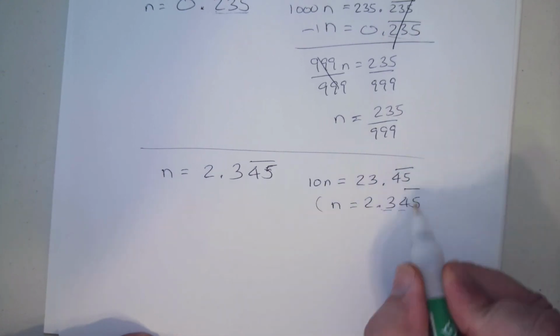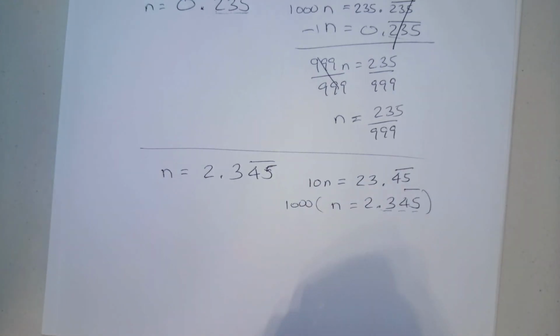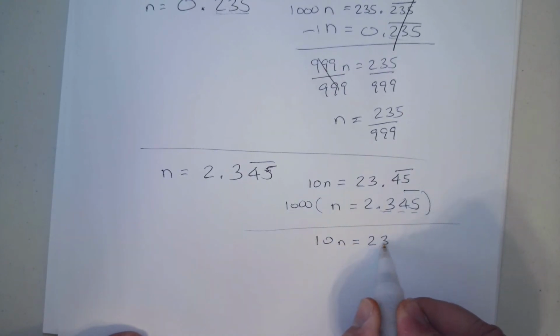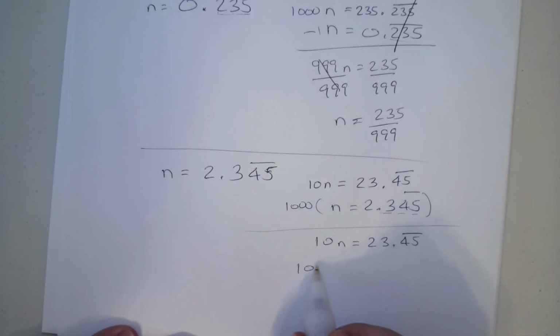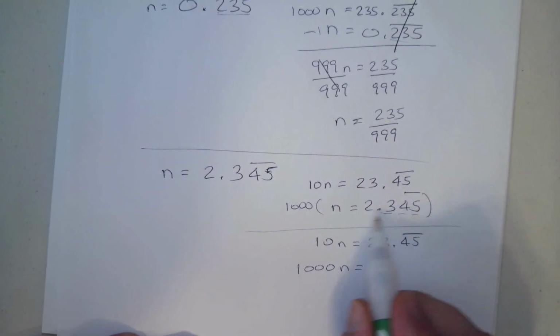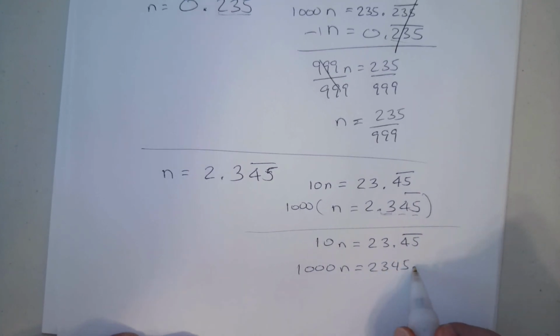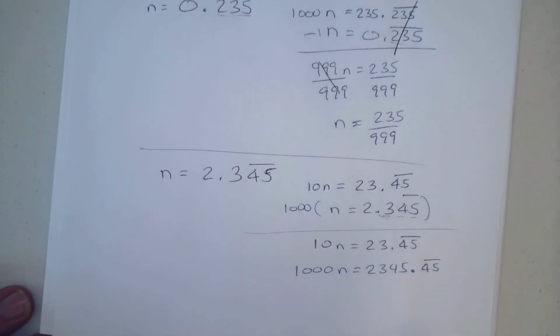So I have to multiply this equation by 1,000, 3 spaces. That'll give me 10n equals 23.45, and 1,000n. So again, I'll move it 1, 2, 3. So it's 2, 3, 4, 5 decimal 4, 5, because I had to go to the very end.